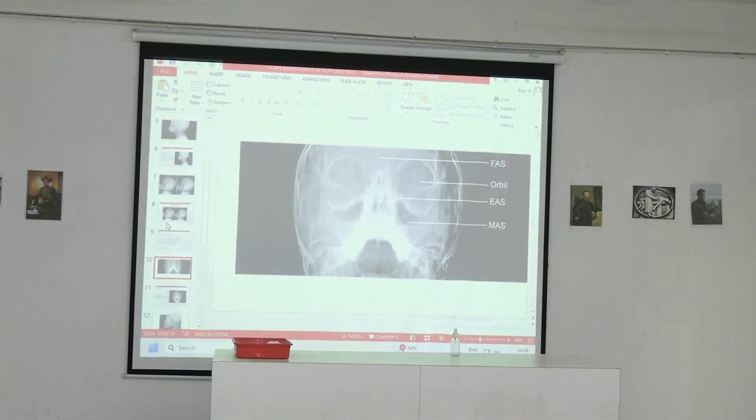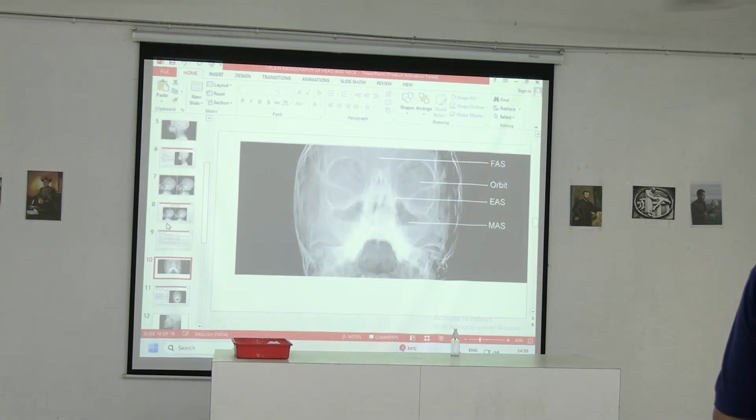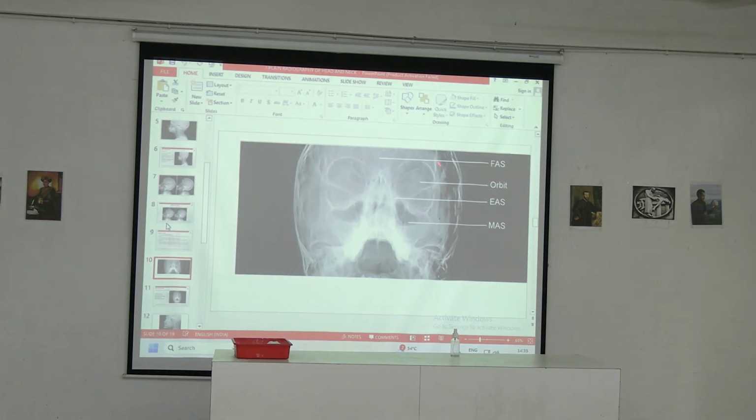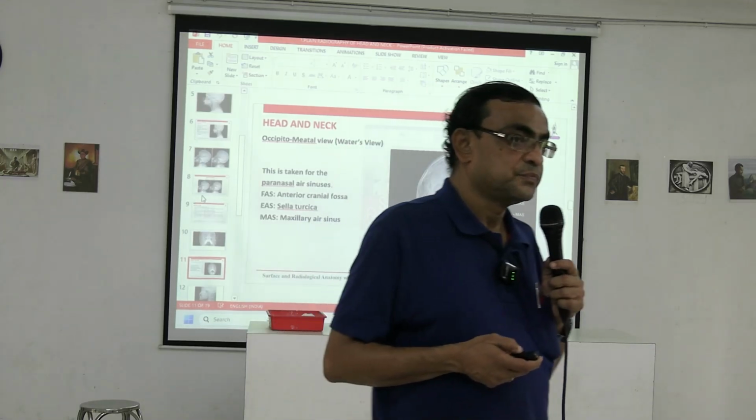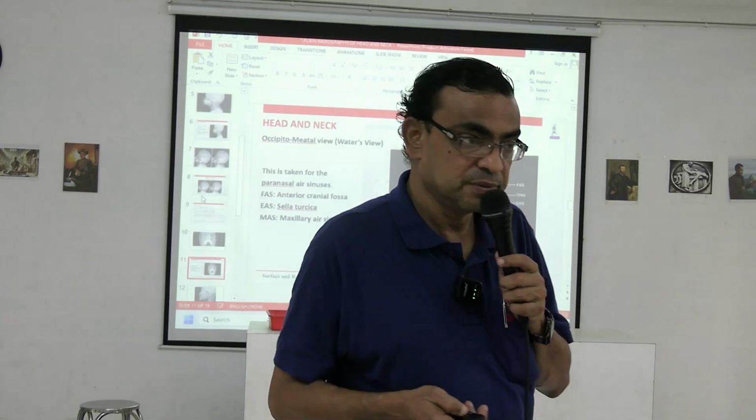This is nothing but the petrous part of the temporal bone. Nasal septum we can get, ethmoidal air sinus, frontal air sinus, maxillary air sinus. This is called the occipitomental view or Waters' view. Waters' view, you must remember.